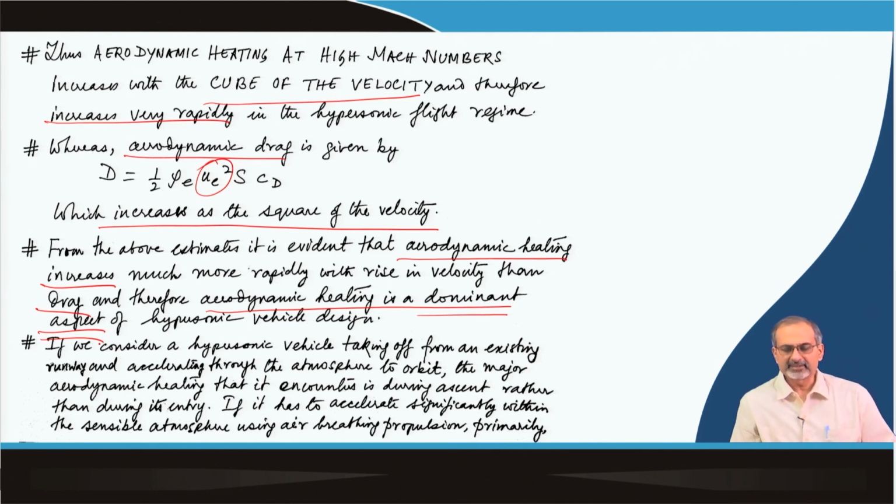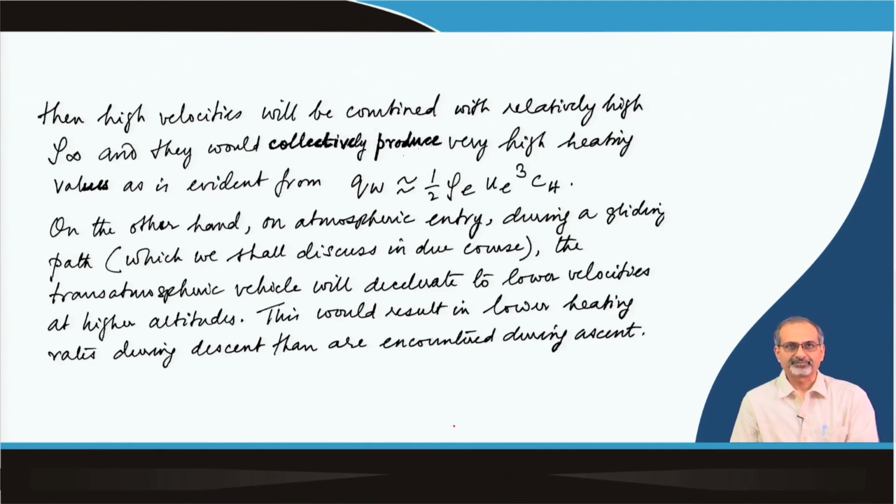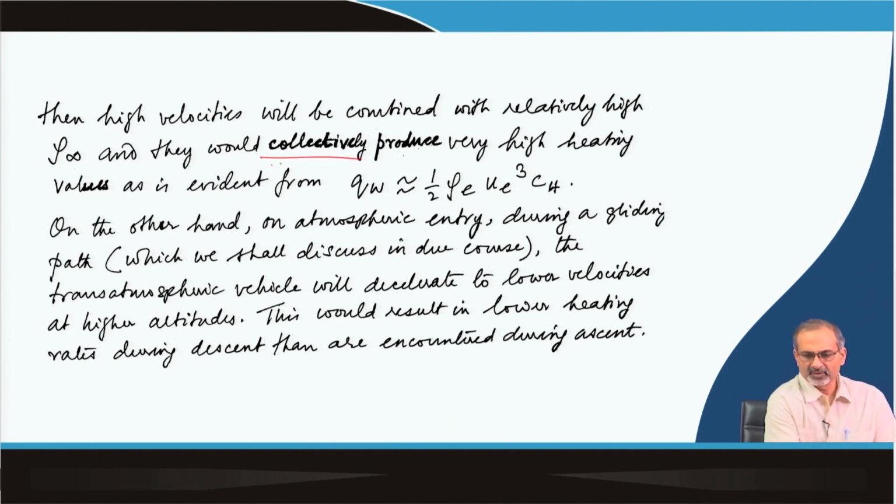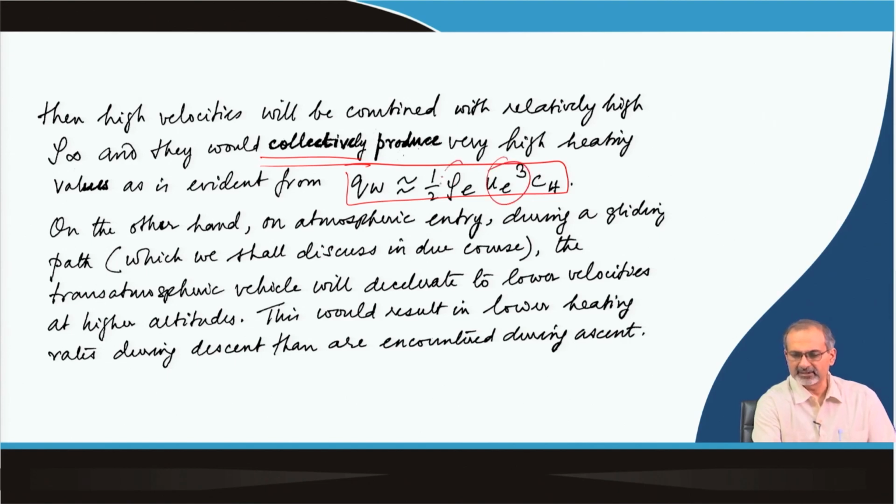If it has to accelerate significantly within the sensible atmosphere using air breathing propulsion, this is more important, because it has to have the air at reasonably higher densities, and then high velocities will be combined with relatively high rho infinity, and they would collectively produce very high heating values going by this relation, where you see that this velocity clubbed with a reasonably high rho will create havoc.